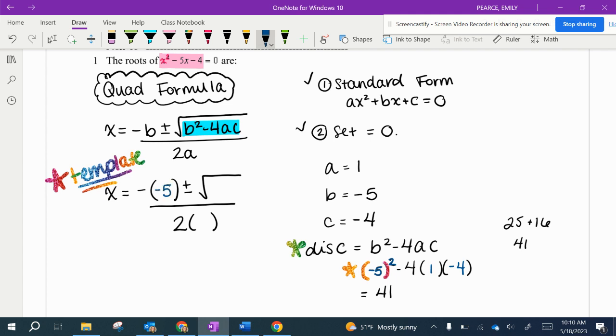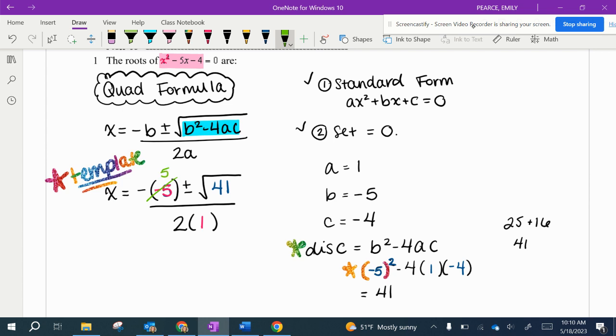So you're going to put in negative 5 because that's your b value. I'm going to use a different color. Okay, and then you're going to plug in the discriminant, which is 41. And then you're going to plug in a, which is 1. Okay, and then you want to just simplify, okay? So I like to simplify this first. So negative negative 5 is positive 5.